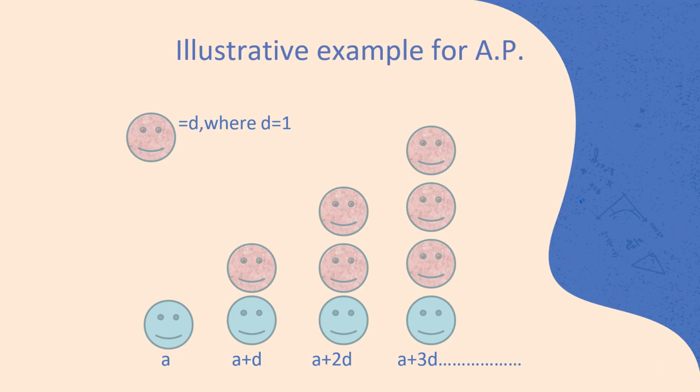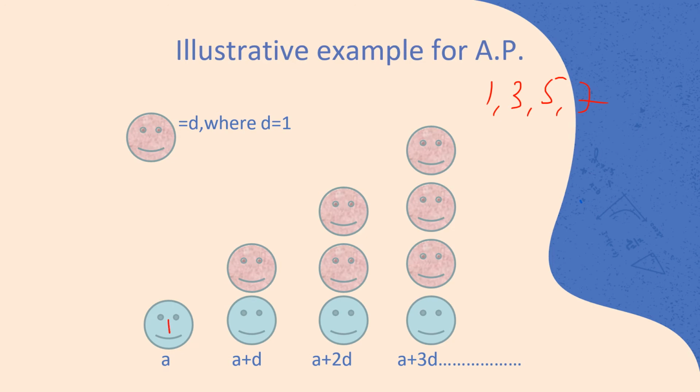Again, without getting too complicated, let's look at A as the first term. Like I told you, A is the first term, the blue smiley. D is the difference. Let's always keep in mind the 1, 3, 5, 7 example here. Now A is 1.